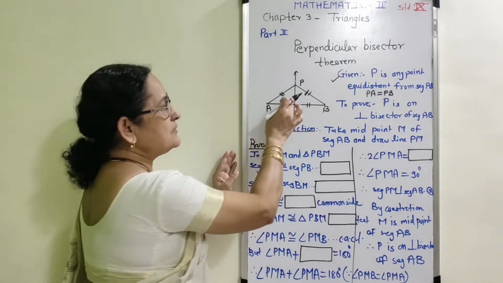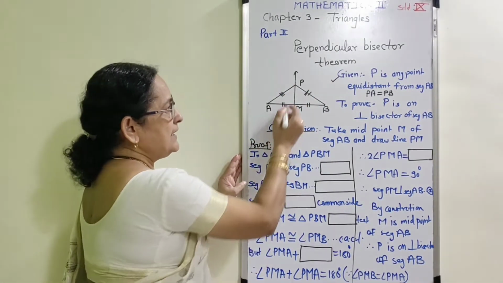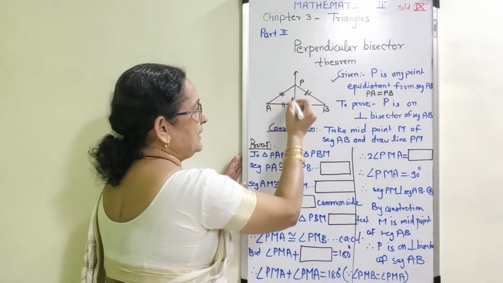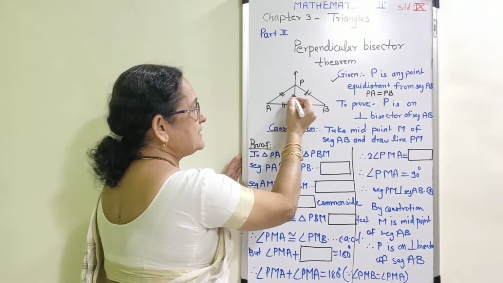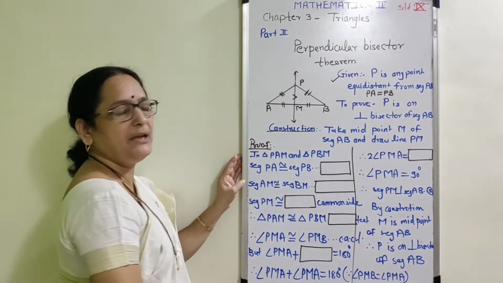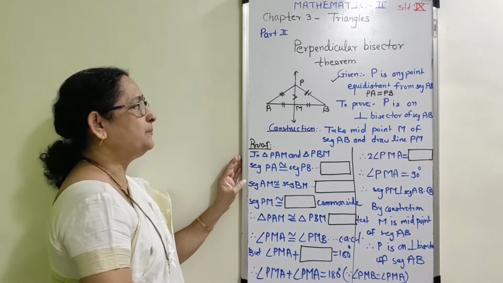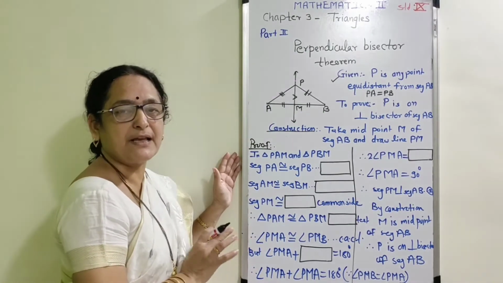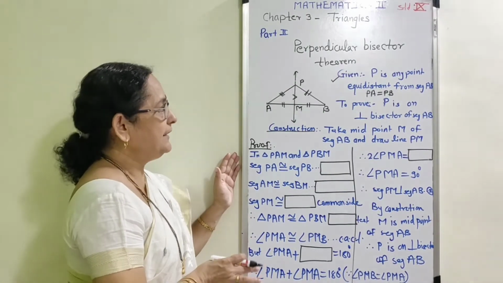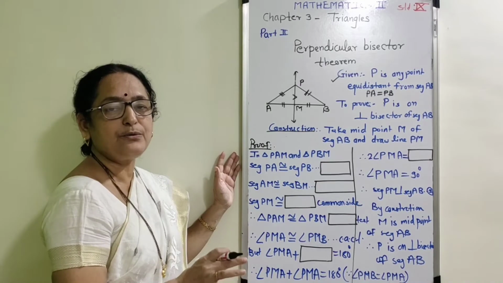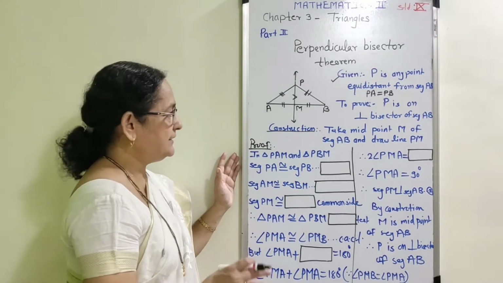Now in the figure there are two different triangles, triangle PMA and triangle PMB. We are taking the same thing again. Side PM is the common side of both the triangles, and therefore all three pairs of sides are congruent to each other, and therefore the triangles are congruent by SSS test.